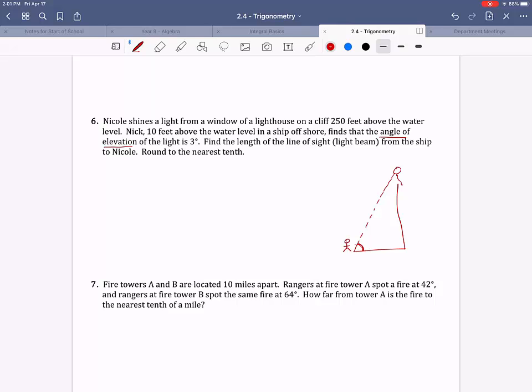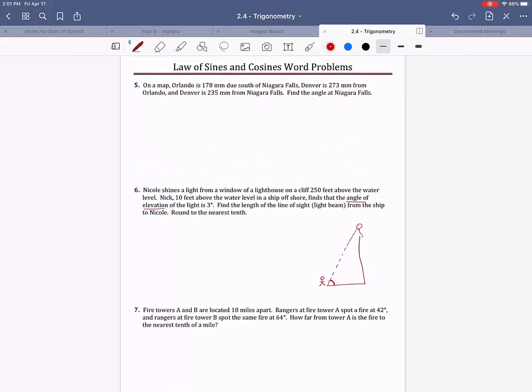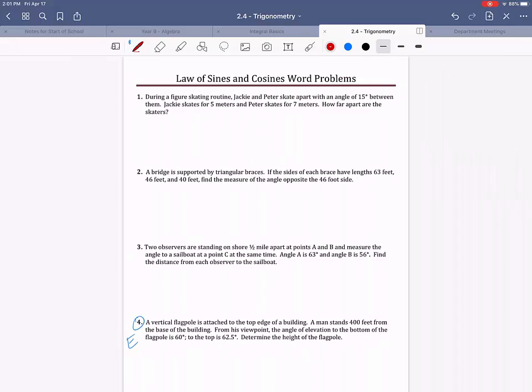So in this situation, the angle of elevation is the ground to the top of the lighthouse, the light in the lighthouse. So keep that in mind when you're doing these problems. That's what an angle of elevation is. Let me check and see if there's anything else that you may need to be aware of. Number 4 also talks about angle of elevation, so if you try that problem, that's going to come into play there as well.